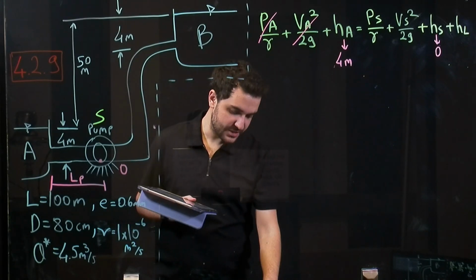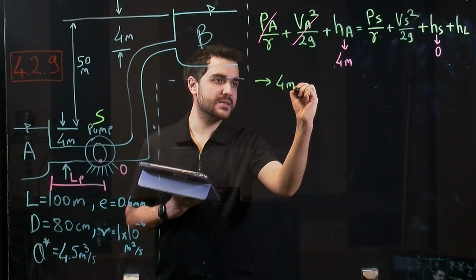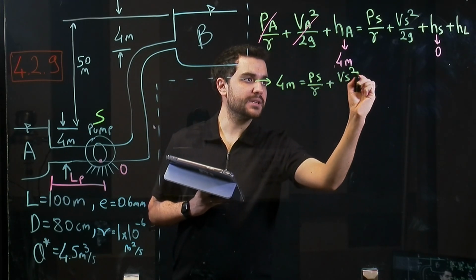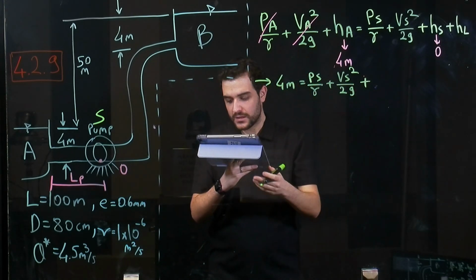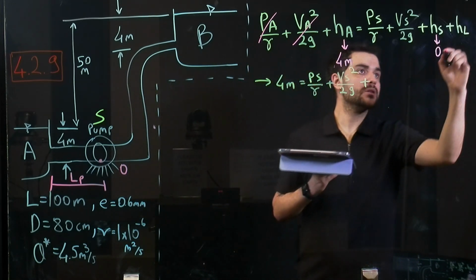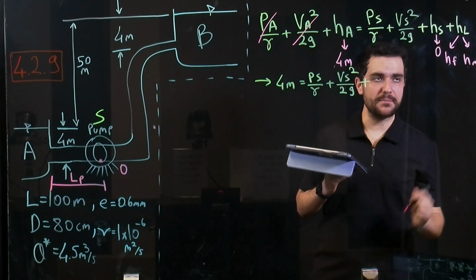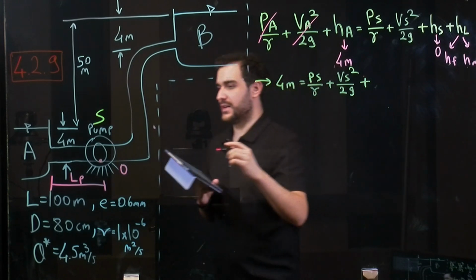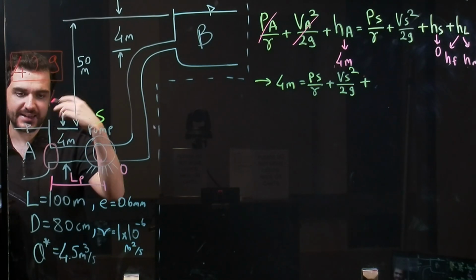So let me continue with the question. So eventually we will have 4 meter is equal PS over gamma plus velocity head and the total head loss. For the total head loss, we will have frictional loss, which is HF, and the minor loss, which is HM. For the minor loss, we only have this one, which is entrance to pipe.